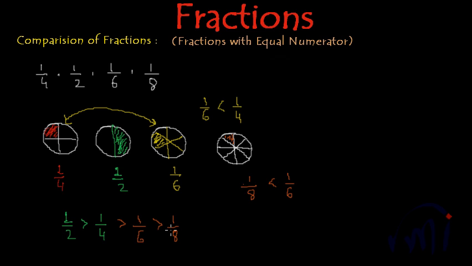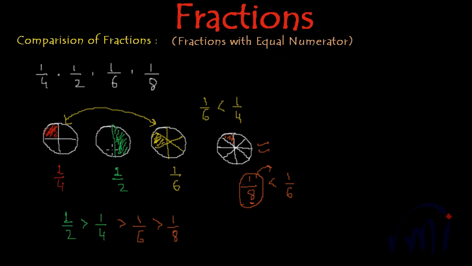So when we have the same numerator but different denominators, the fraction which has the largest number as the denominator actually represents the smaller portion. Like here this fraction represents 1 by 8, right? That means this pizza or the circle is divided into 8 parts, and then we are taking one part out of it.